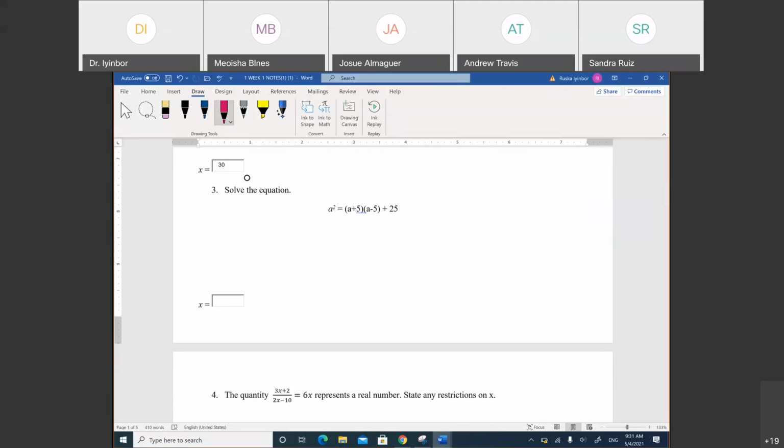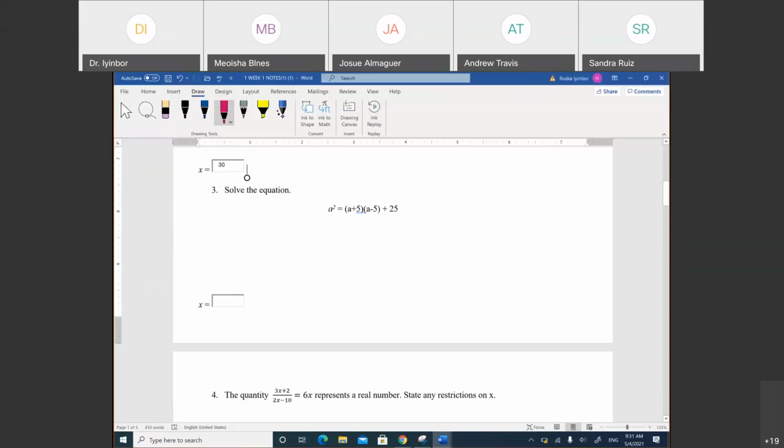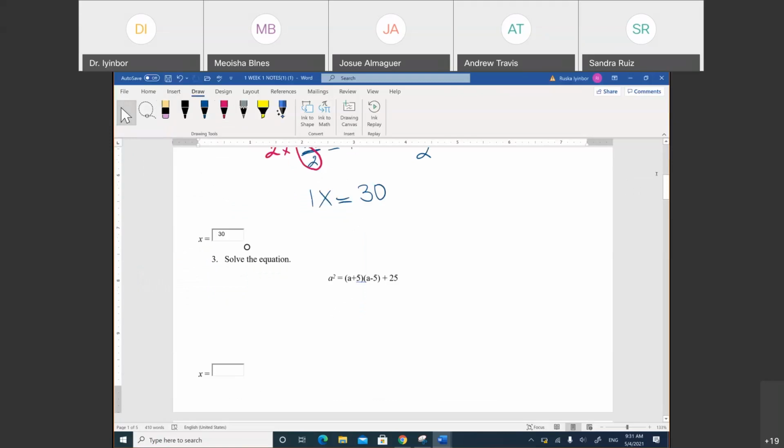And this is how you do it, I'm going to do it on the side. I'm going to multiply a minus 5 by a plus 5.